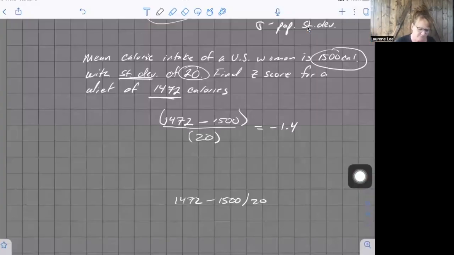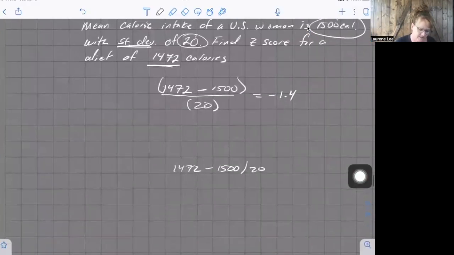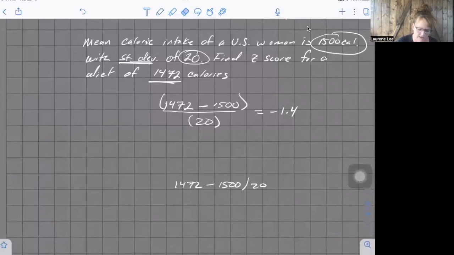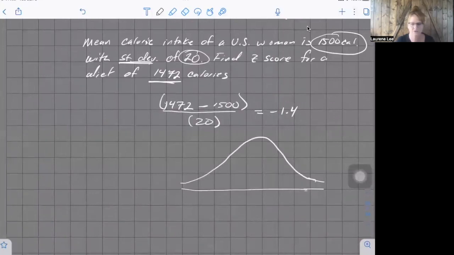Now, what does this mean? So if I draw a picture of my information, here's my symmetric distribution for this problem. We're assuming that these are symmetric distributions. Z-scores only work for that. The mean is 1,500 and the standard deviation is 20.